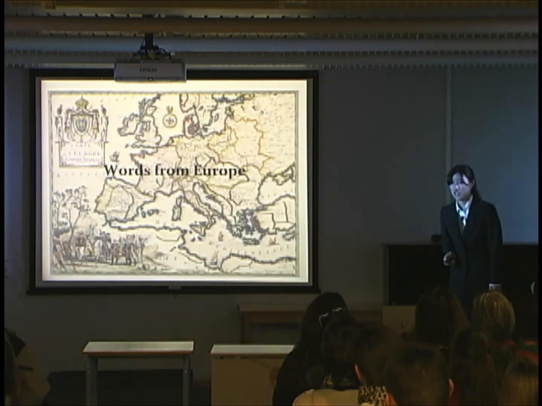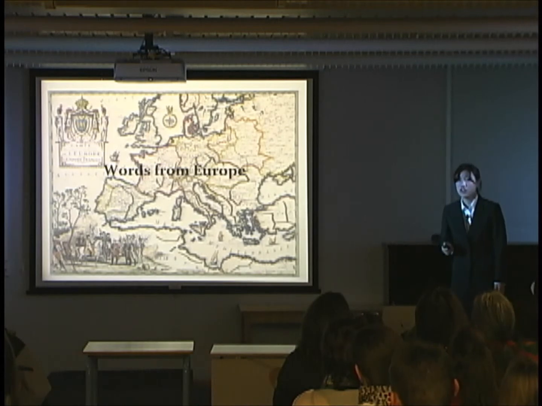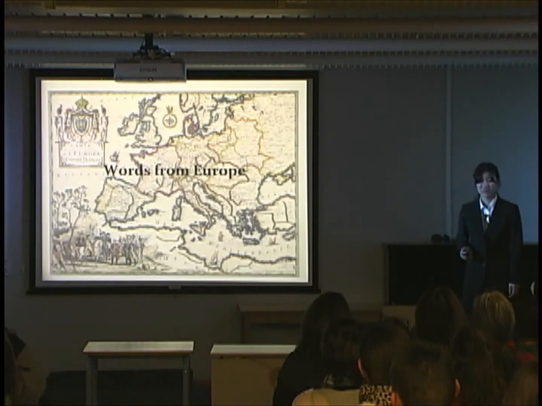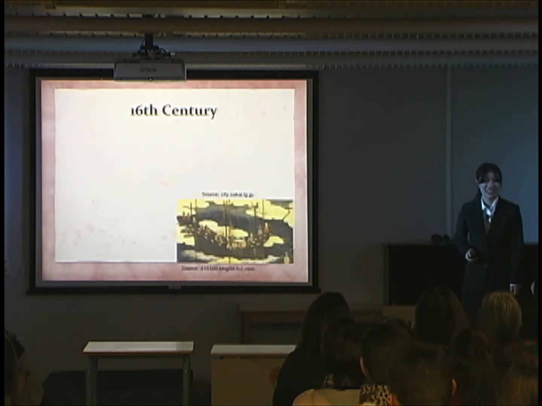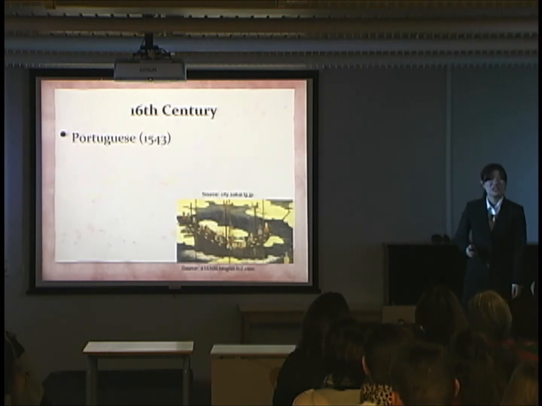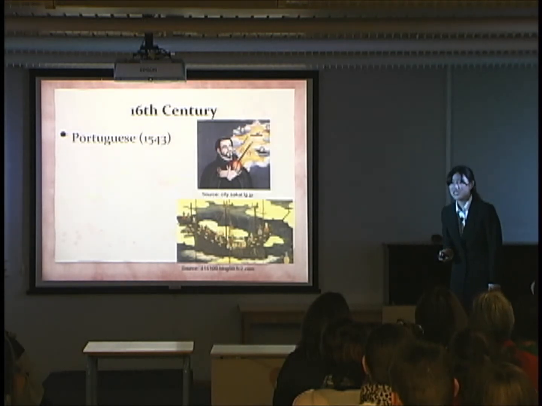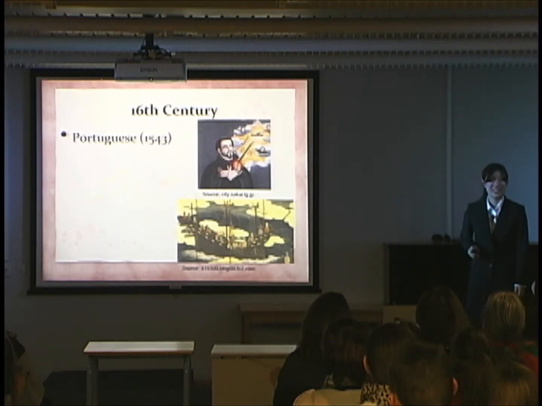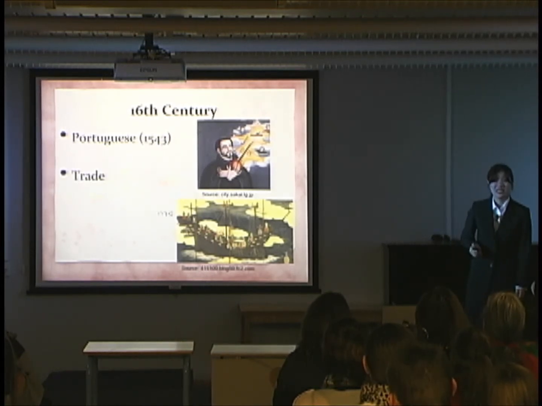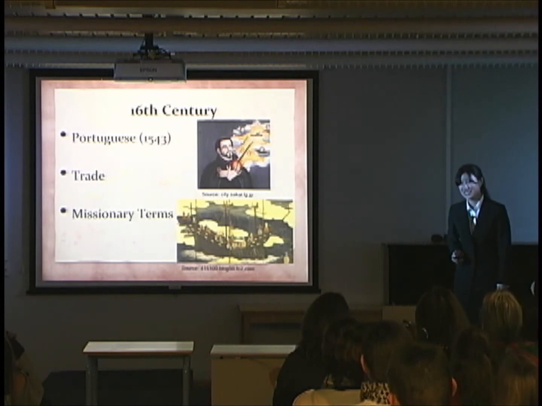I would like to tell you about the history of foreign loanwords from Europe. The first wave of foreign loanwords into Japan was in the 16th century. In 1543, Portuguese people came to Japan. After that, Francisco Xavier, who was a Christian, came to Japan and spread Christianity as a missionary. Therefore, in this time, trade terms and religious terms spread in Japan.